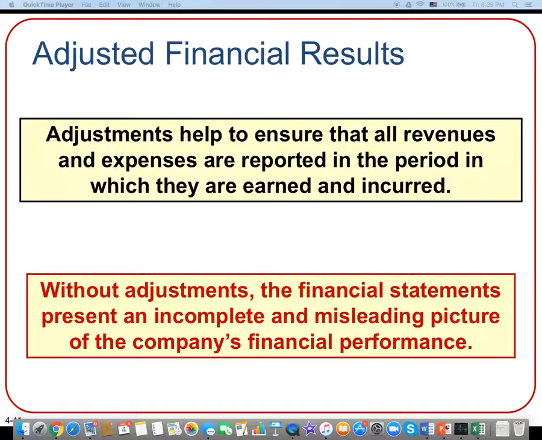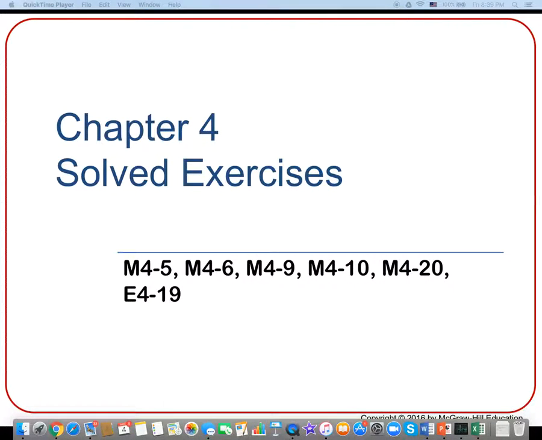That's the whole purpose of adjusted financial statements. You can go through some of the examples in the slides to help you with the homework. But for the purpose of this class, you don't really need to know the technical accounting journal entries, just to understand the concepts.